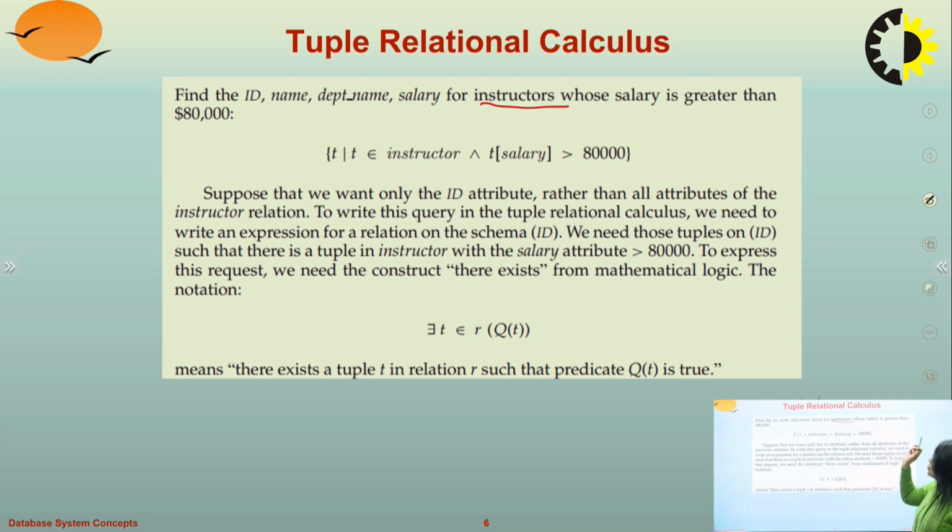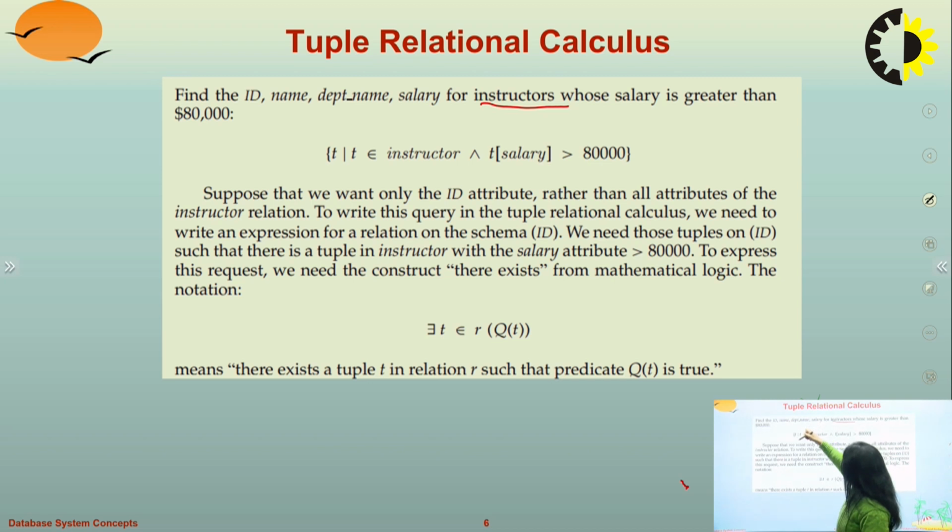Right now, what we need to find out is the salary that is greater than $8,000. So how we will write this query in the form of tuple relational calculus? Listen carefully. We have understood the format. We'll write the curly braces both sides, and inside the curly braces we'll write T. T means tuple or set of tuples.